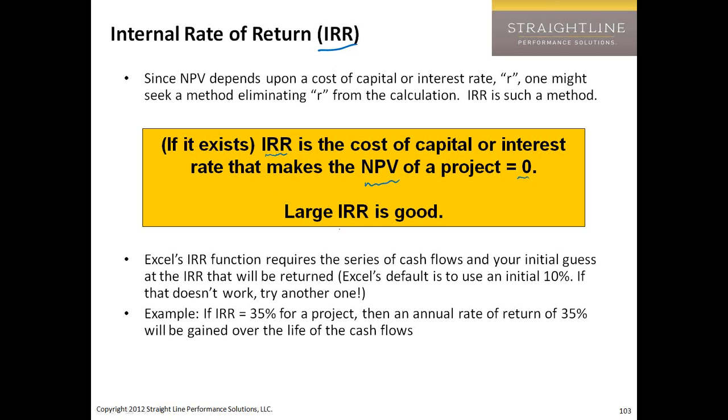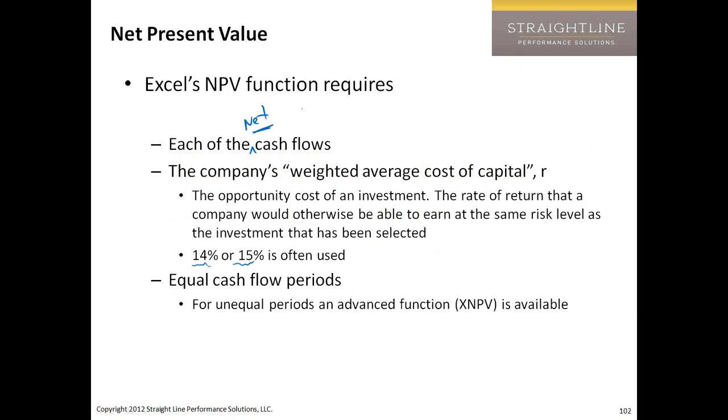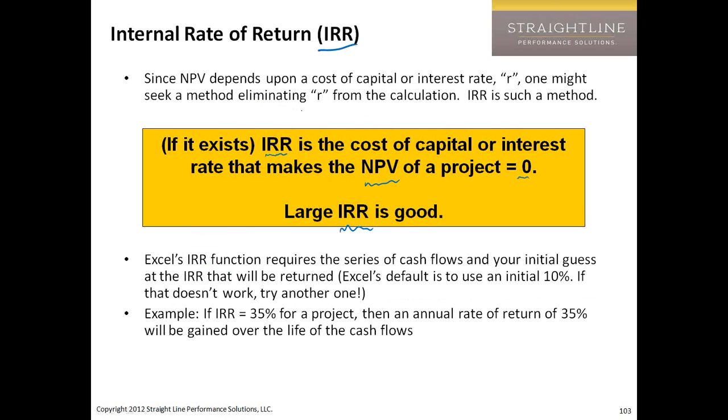Now, a large IRR is good. 15%, 20%, 40%, 100%, 200% internal rate of return is good. So let's take a look at an example, and we'll see how we can use this in our statistical reasoning.